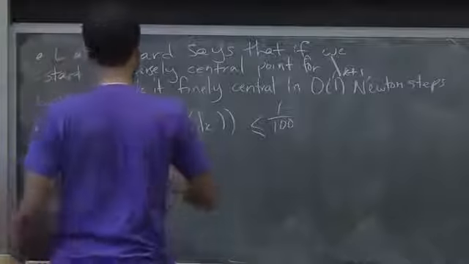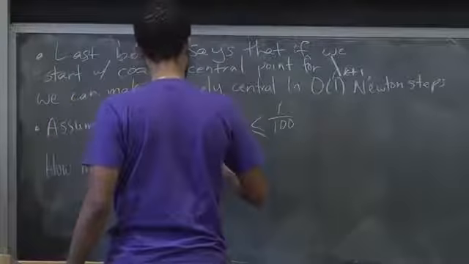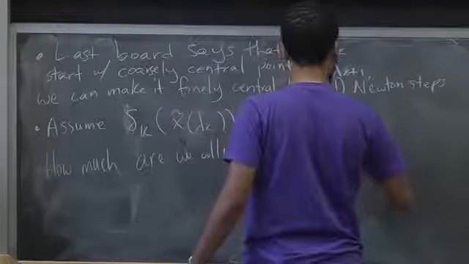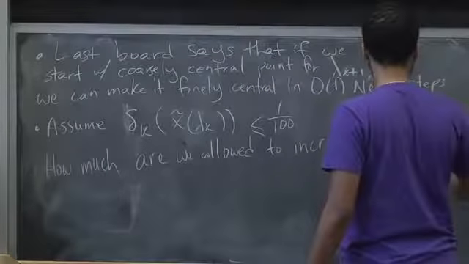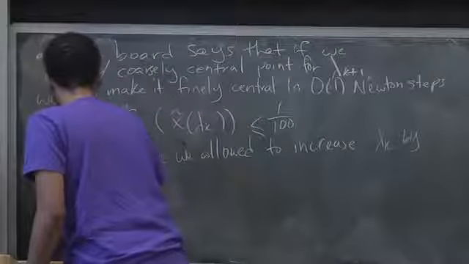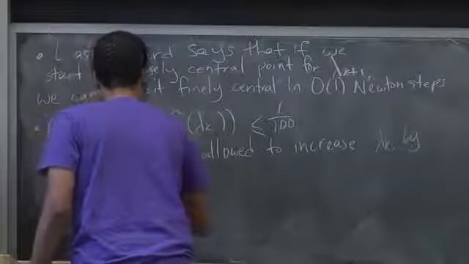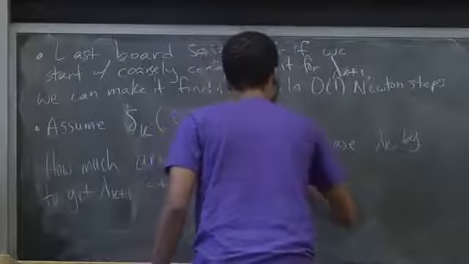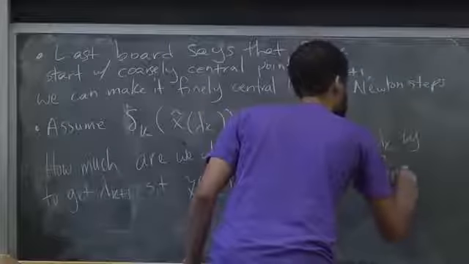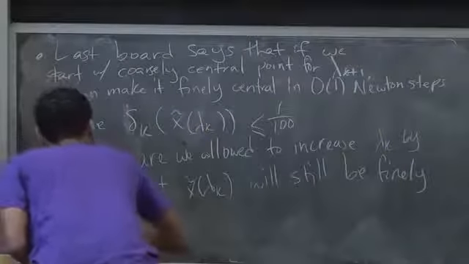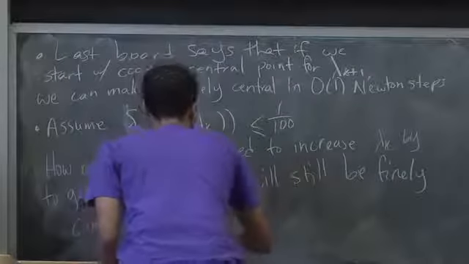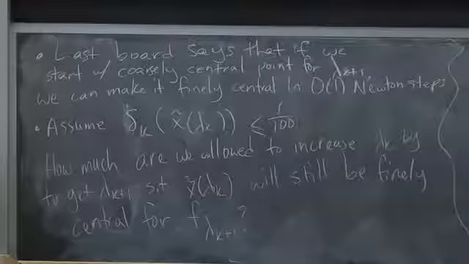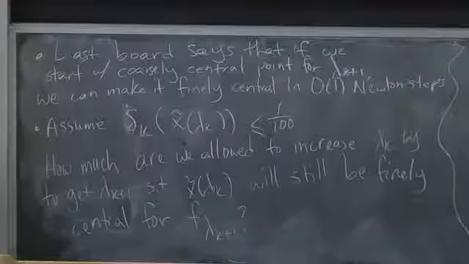So the question is, how much are we allowed to increase lambda k by to get lambda k plus 1 such that x tilde of lambda k will still be coarsely central for f lambda k plus 1.